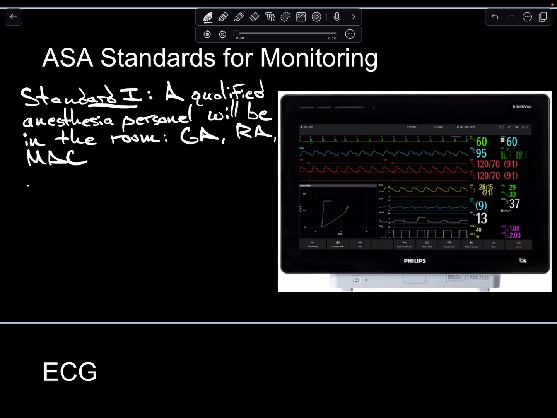And then the second standard for anesthesia monitoring encompasses 4 different areas.